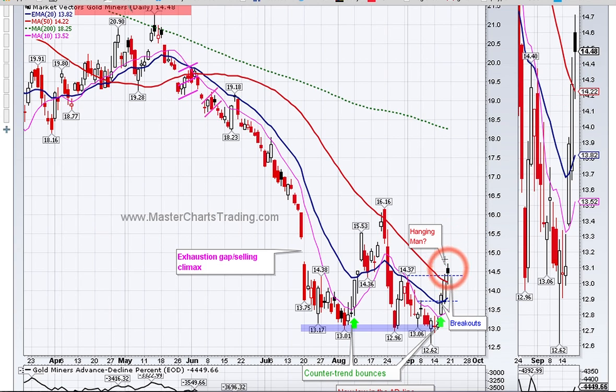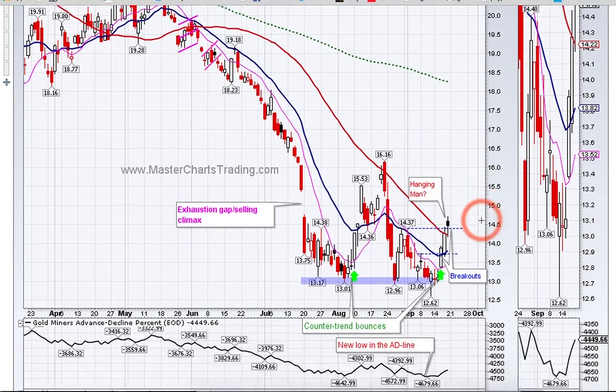So this looks like a classic hanging man candlestick. If we see a push lower in prices in GDX, this would be confirmed, and we may actually get another retest of this support at 13.